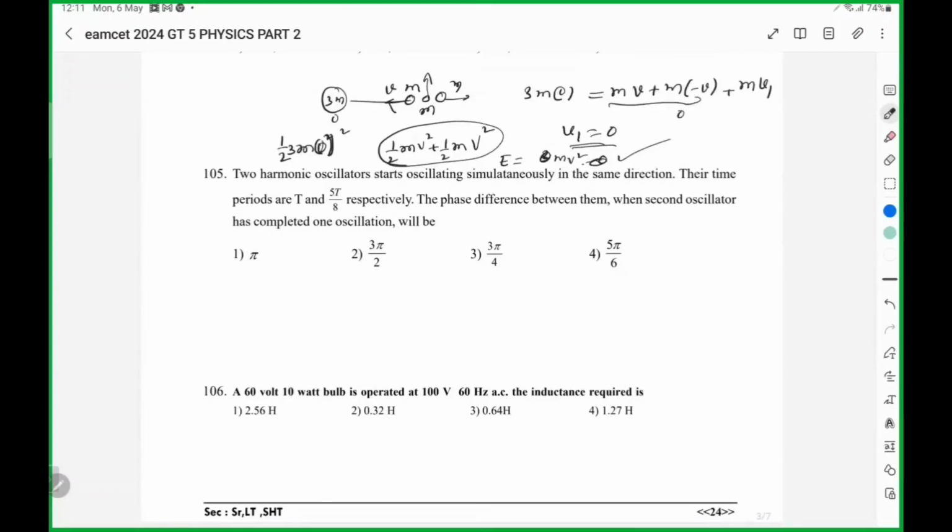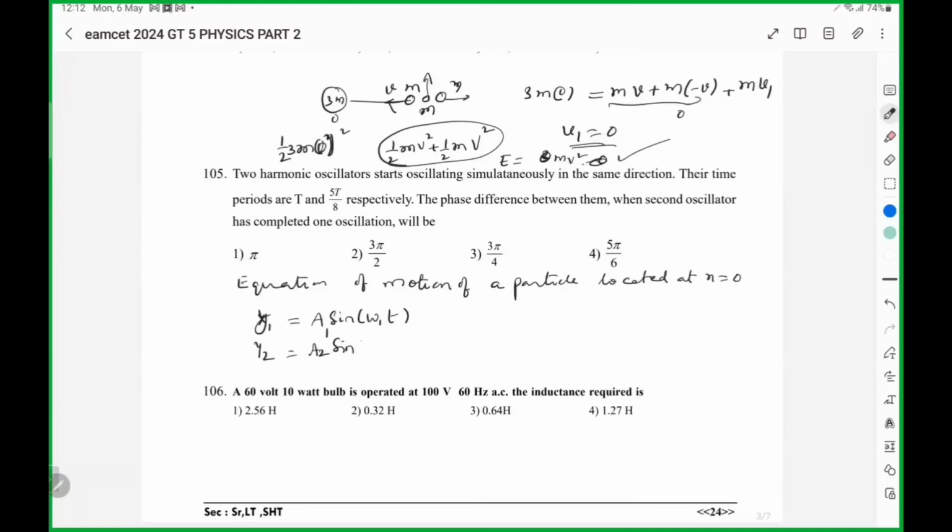Two harmonic oscillators start oscillating simultaneously in the same direction. So, the equation of motion of a particle located at x equal to 0: phi 1 will be A1 sine omega 1 t, phi 2 will be A2 sine omega 2 t.